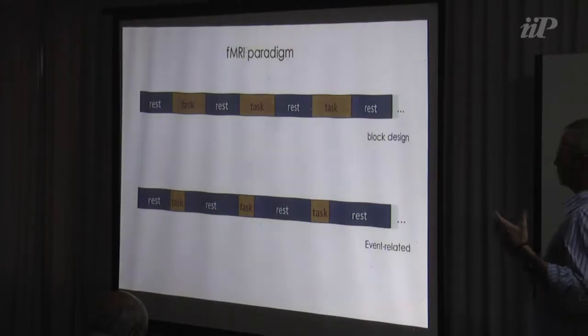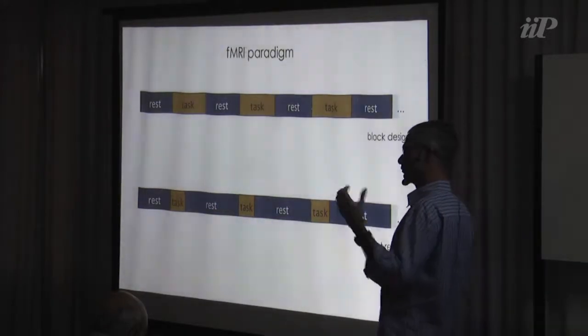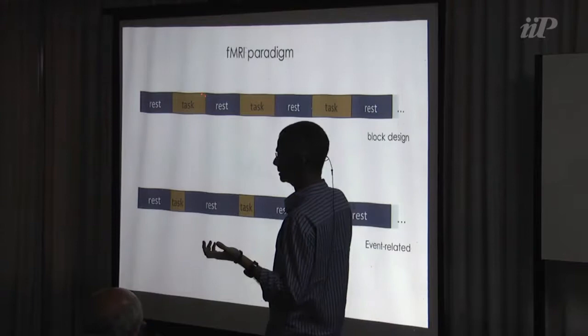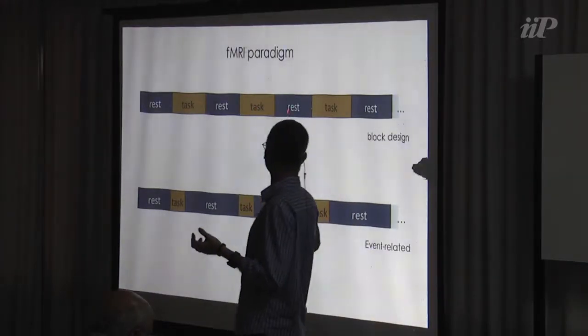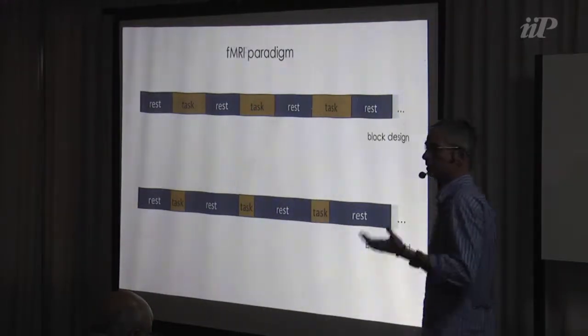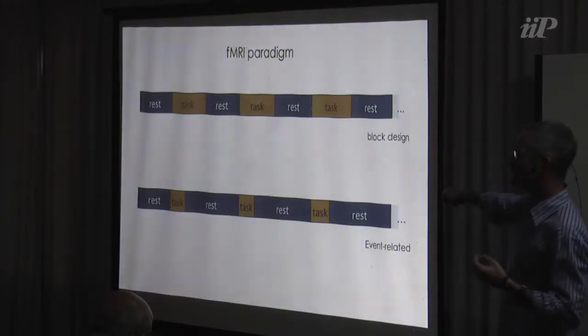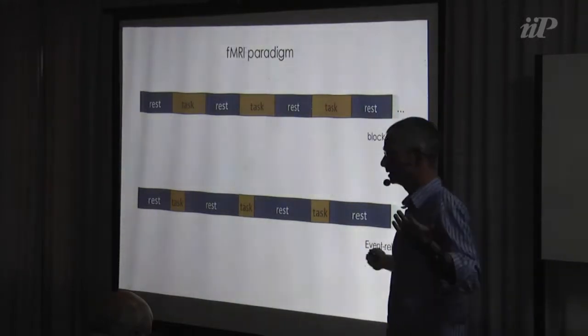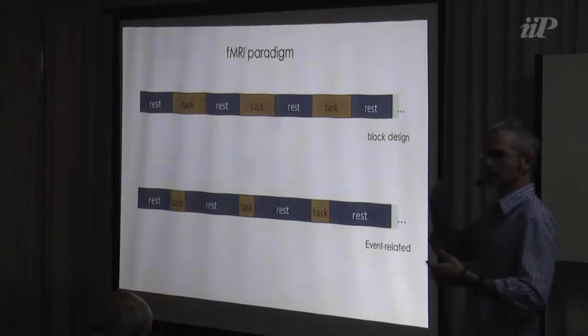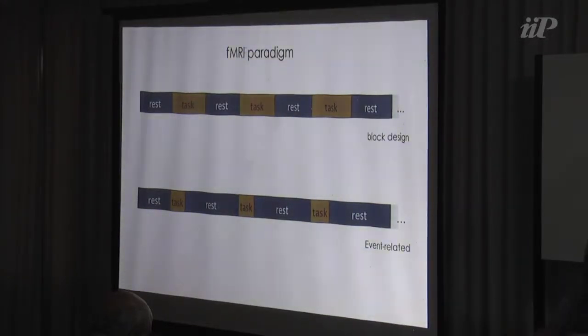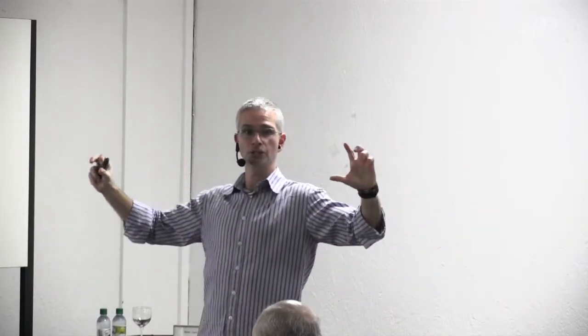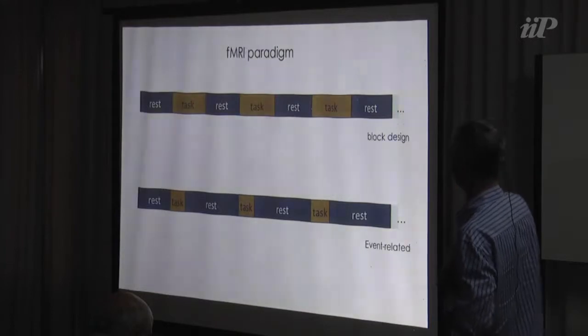So you stay at rest for 30 seconds, move your left hand for 30 seconds, rest, left hand again, rest, left hand, and so on. The task can mean anything: a language task, a memory task, an attentional task, an emotional task. So you can build up your protocol using this strategy.